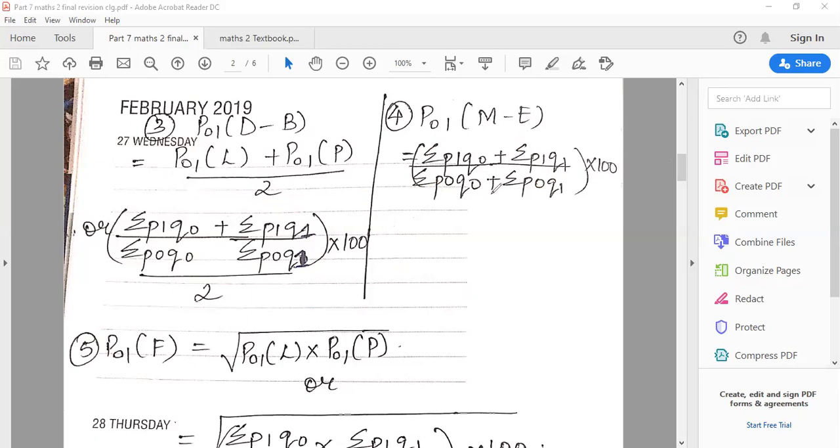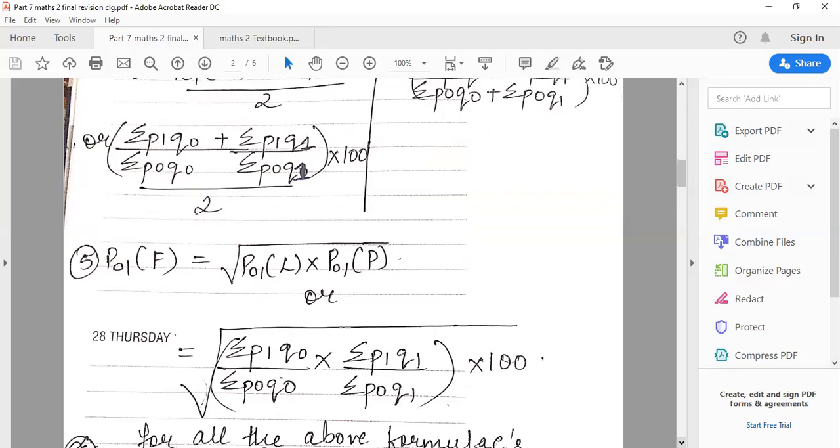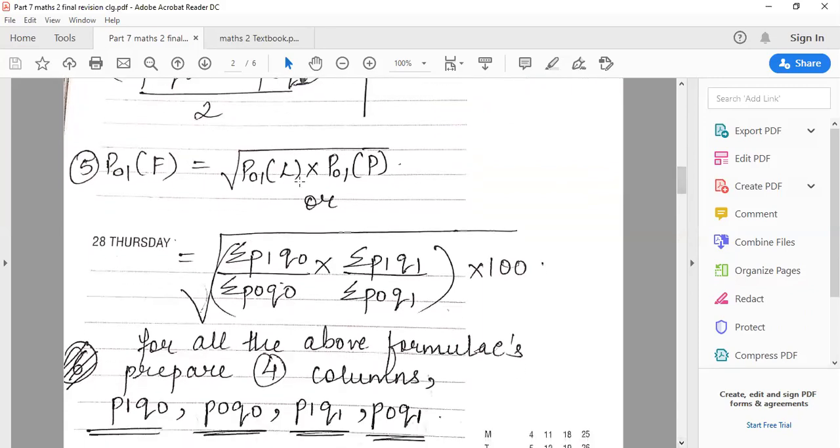Here there are two pluses, in both numerator and denominator. Then we had Fisher's. Now Fisher was left with no option. So what did he do? Laspeyres formula multiplied by Paasche formula, and then into 100 separately, as I told you.